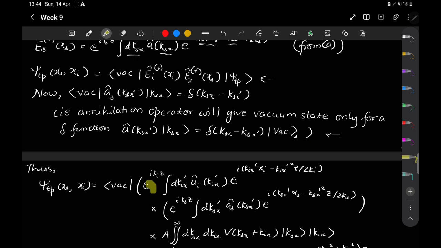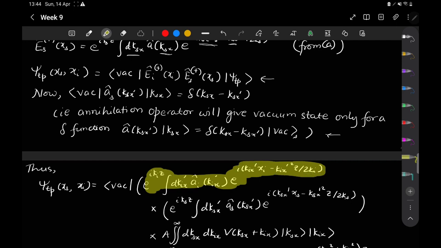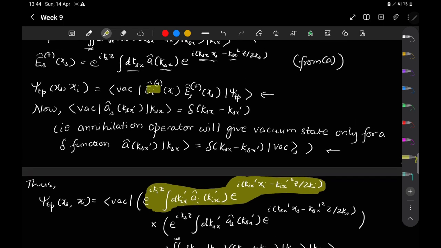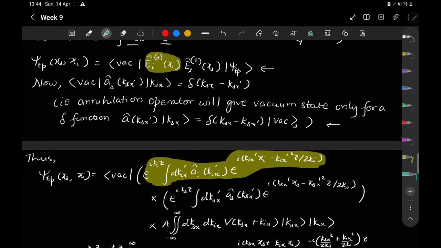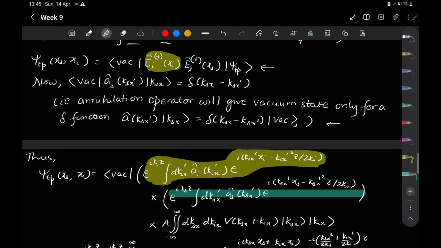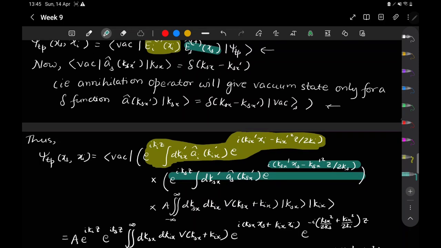So this part right here is this, and this is basically this. And finally we have psi tp.